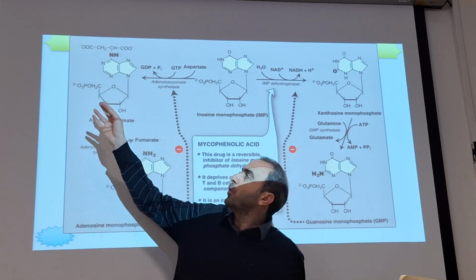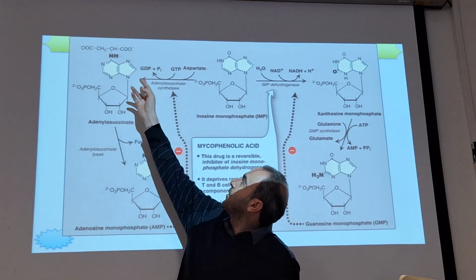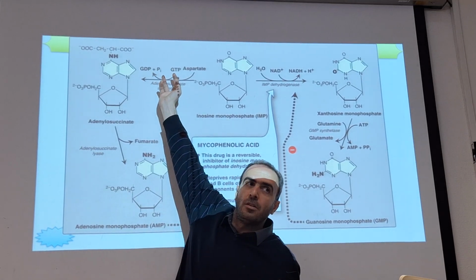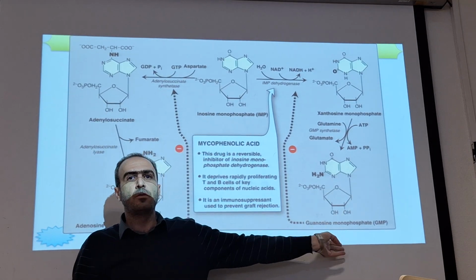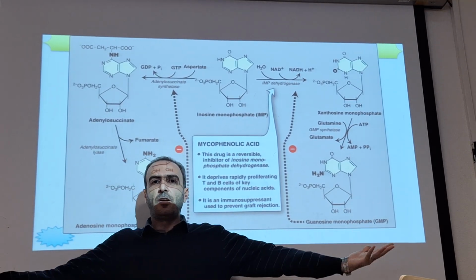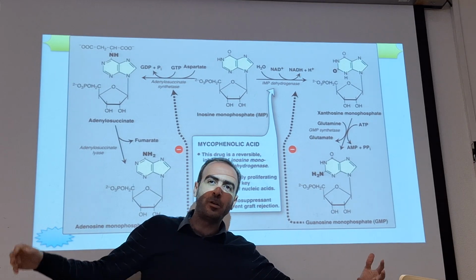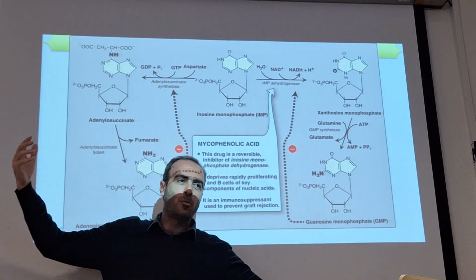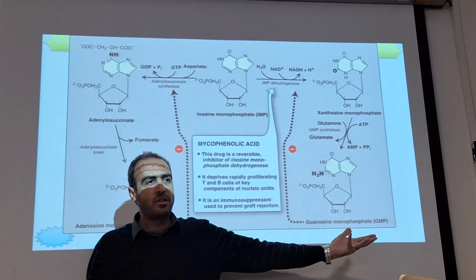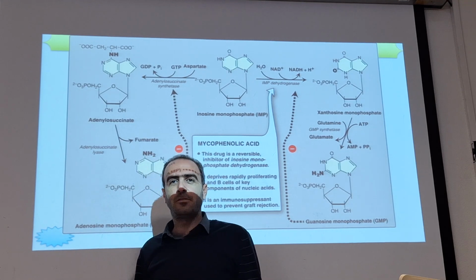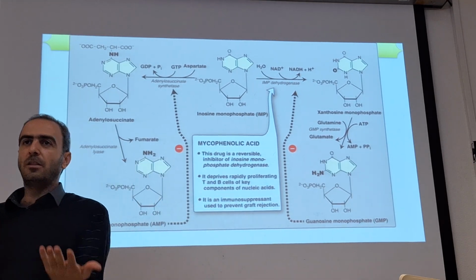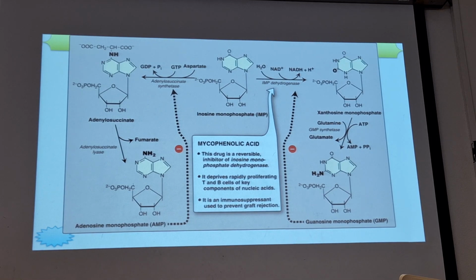And for this other way to occur, we need GTP. The product is GTP. So we have a balance. If we produce enough GTP, we can produce ATP, and vice versa. But if we don't have enough ATP, we don't have enough GTP also. And all the time a balance is happening between these 2 pathways.